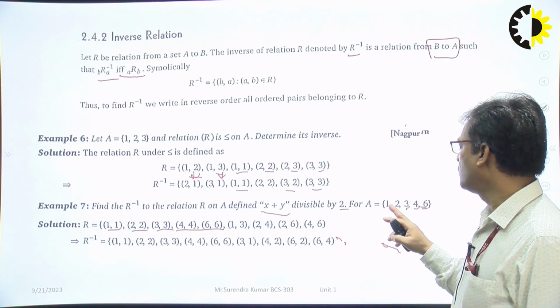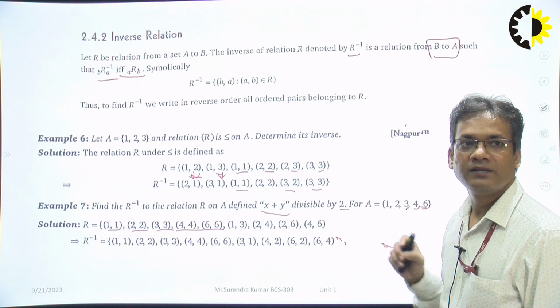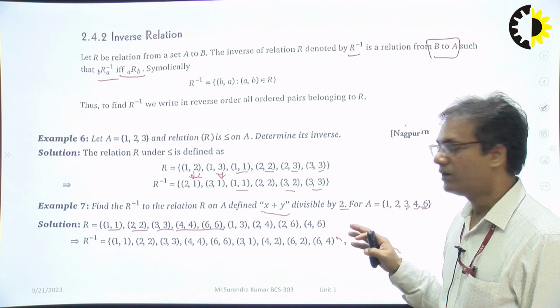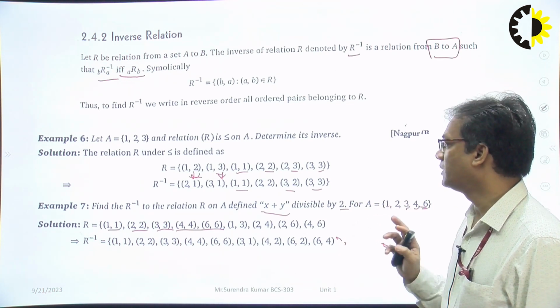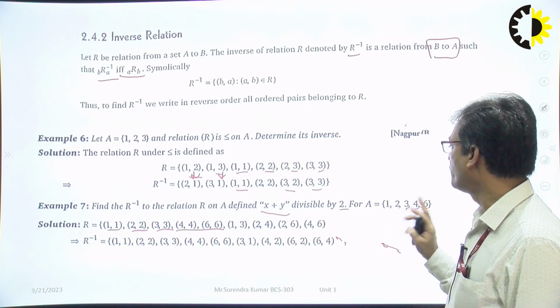If we take 1 plus 2, that will be 3, which is not divisible by 2, so we will leave this (1,2) pair.